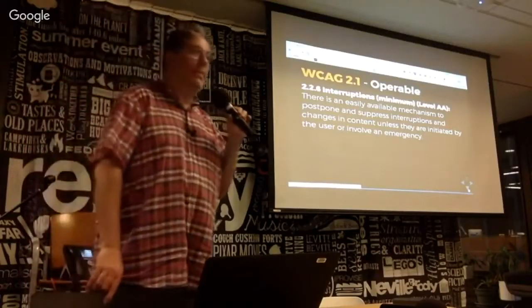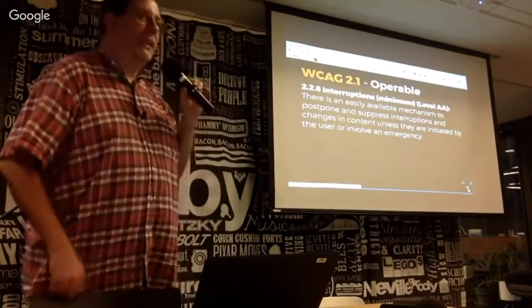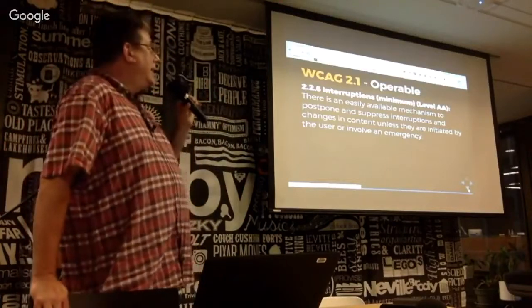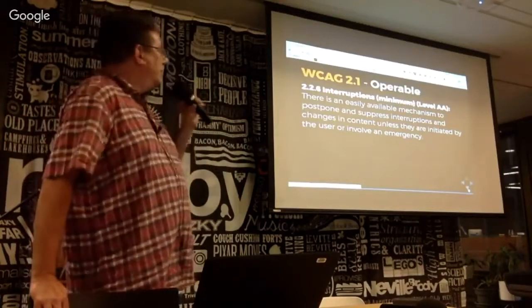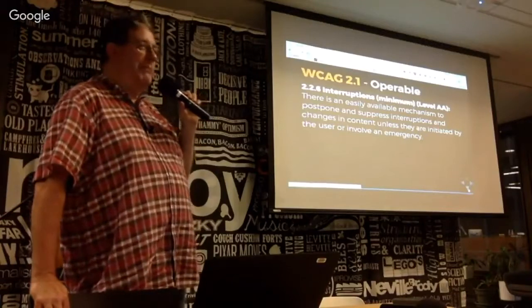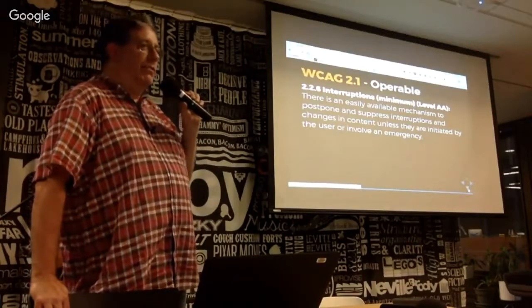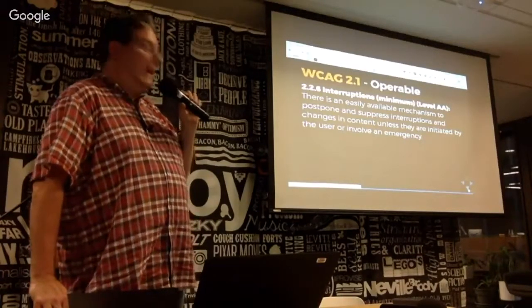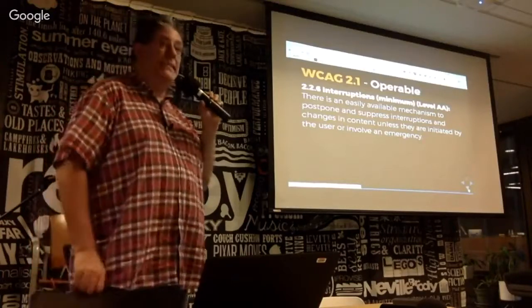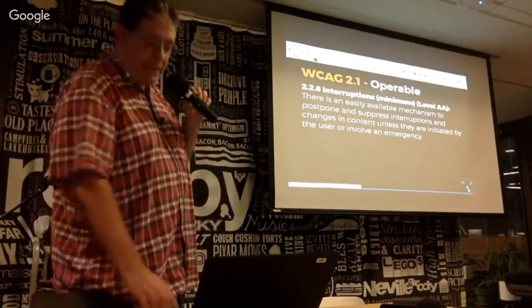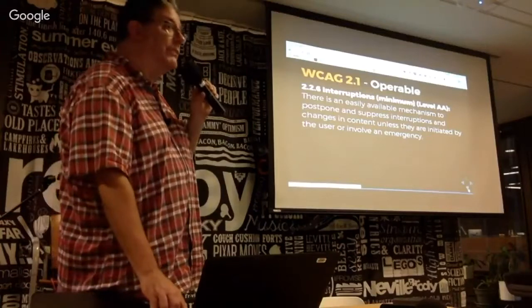I'll let you think about that for the next year or so. The reason I say a year or so is because WCAG 2.1 probably won't be fully supported for a few years. As you can imagine, with something like this, it takes probably a few years of planning to think about how you're going to address this.